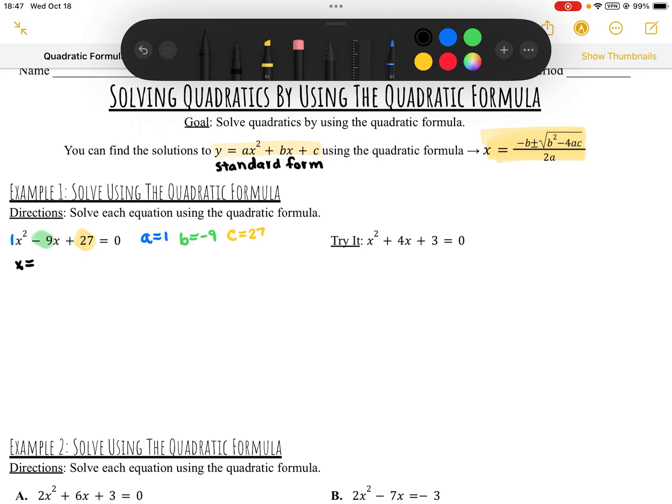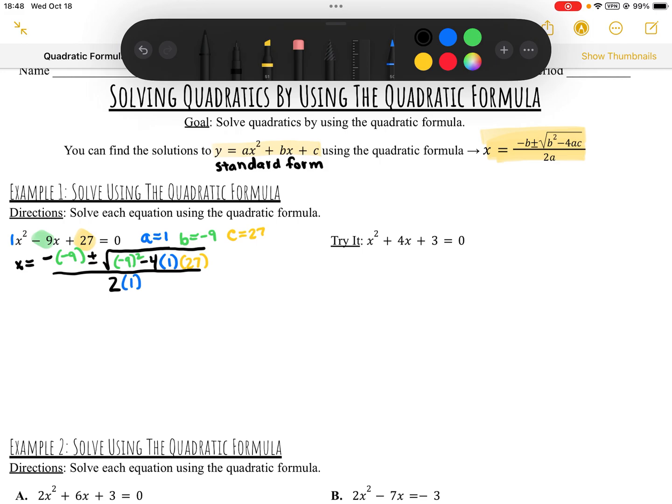So I'm going to have x equals negative b, so negative 9, plus or minus the square root of b squared, so negative 9 squared, minus 4ac, all over 2a.